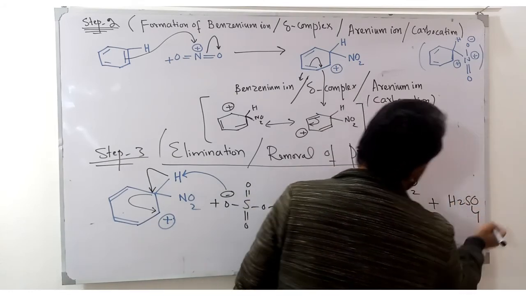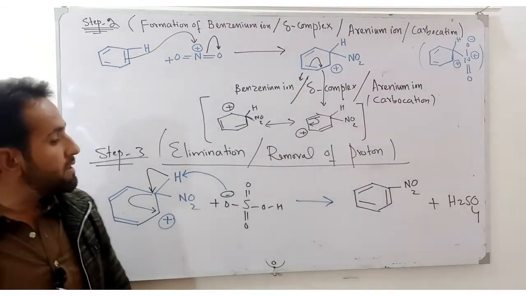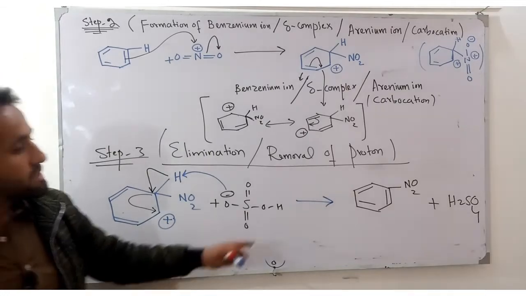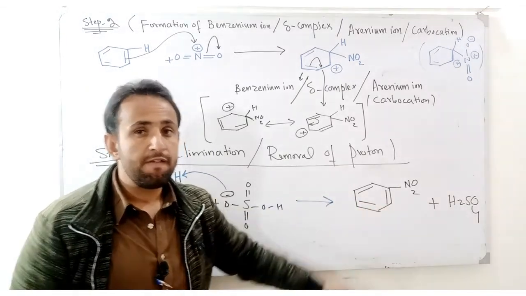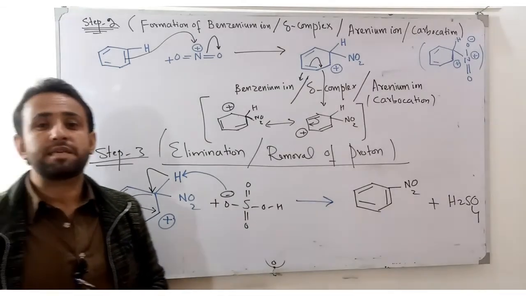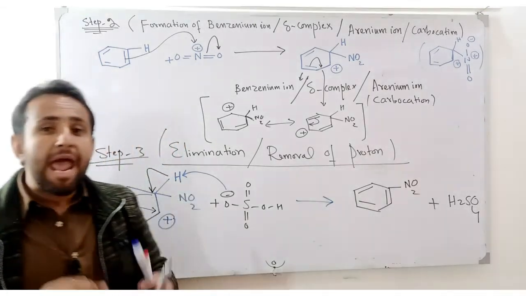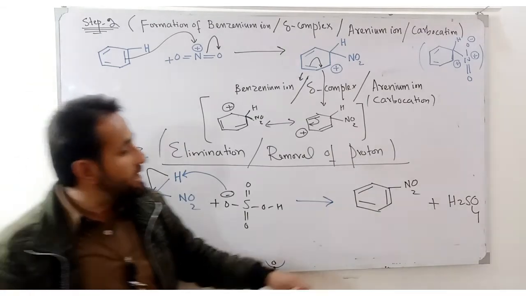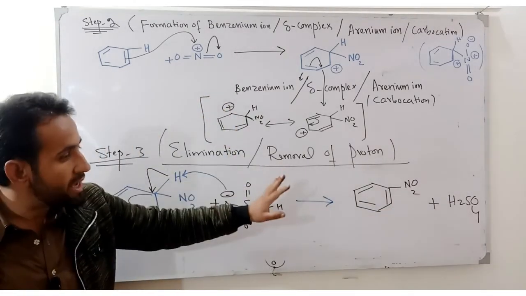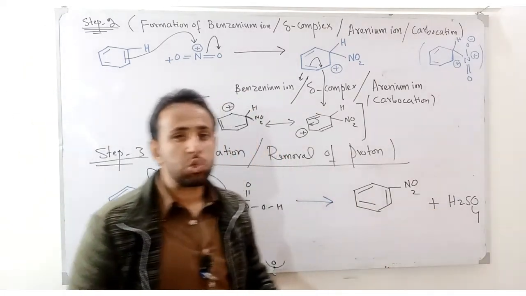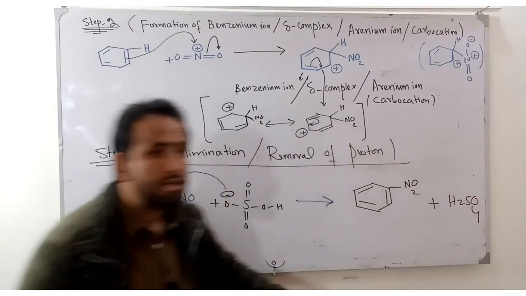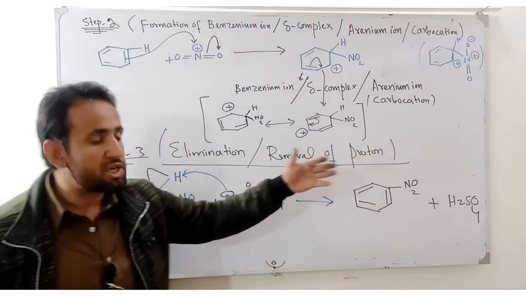Sulfuric acid will be formed as it was in the initial, because this is the duty of a catalyst. A catalyst always initiates the reaction and in the end comes back to its original state. Since we used concentrated sulfuric acid in the form of H2SO4, at the end it forms the same, in its original state.